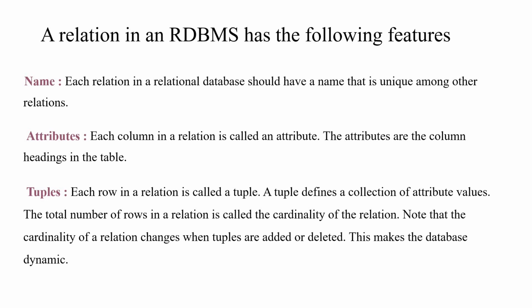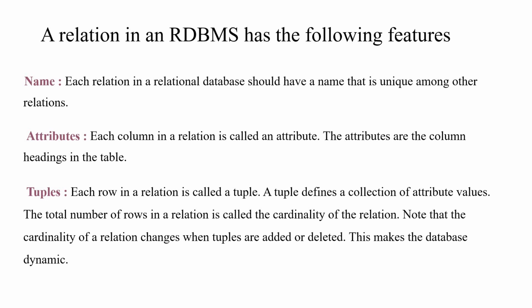The first one is structural independence. What is structural independence? The relational model does not depend on a navigational data access system. If we make some changes in the database structure, this will not affect the data access from the particular relation or table.